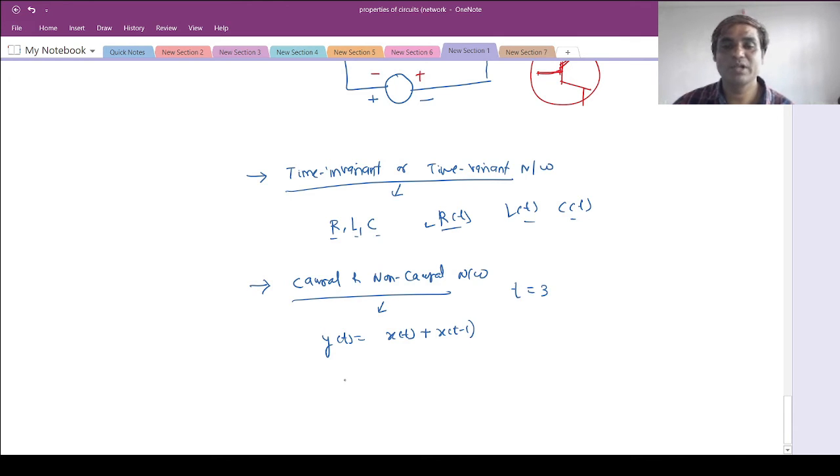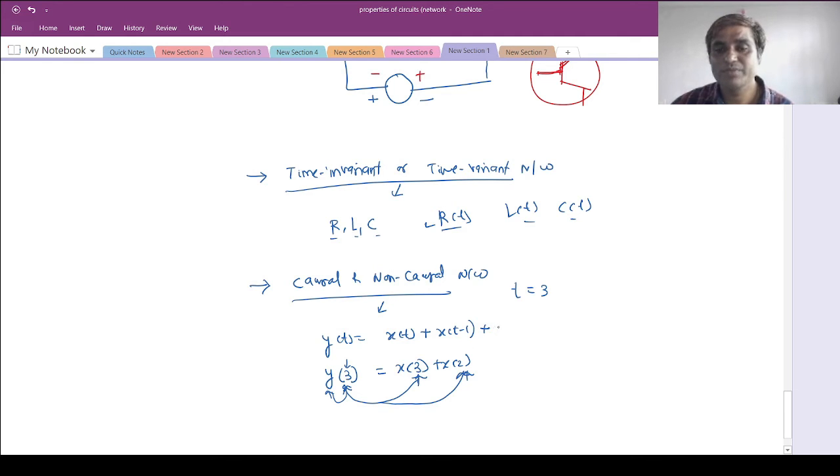Now I am calculating y at the third second. The input is x of 3 plus x of 2. So if I am evaluating the output at the third second, it depends on the third second as well as the second. So the present value of output depends on the present value of input as well as the past value of input.